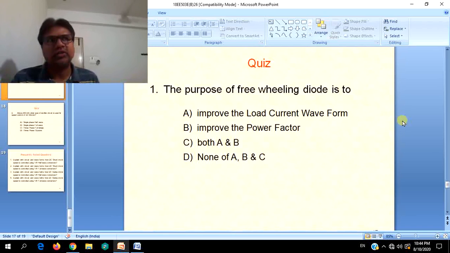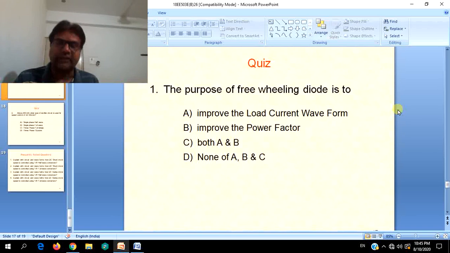Now it will be continuous current, or discontinuity of current will be eliminated. Continuous current, that is load current waveform, will be improved. Once the load current waveform is improved, it means the power factor is also improved. So both A and B is the answer. Freewheeling diode improves the load current waveforms as well as improves the power factor.